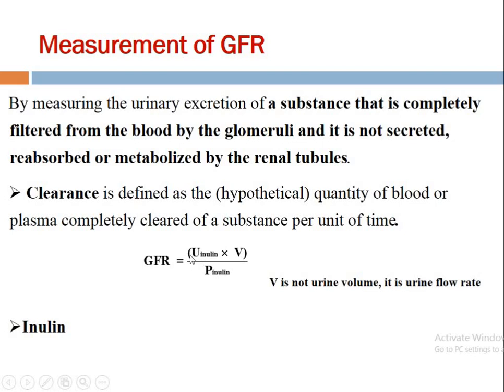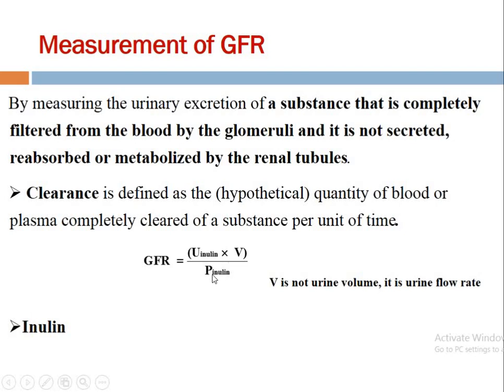So we can measure the urinary concentration of inulin, which is multiplied with V, that is the urine flow rate, the rate of flow of urine per minute, right? Once we measure this, then we should know the plasma concentration of inulin.